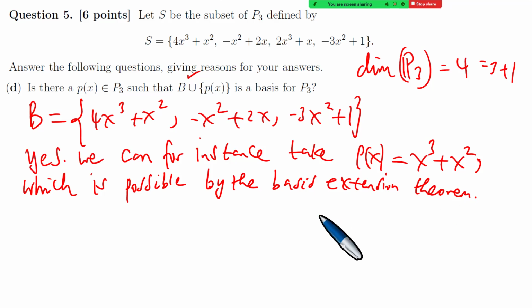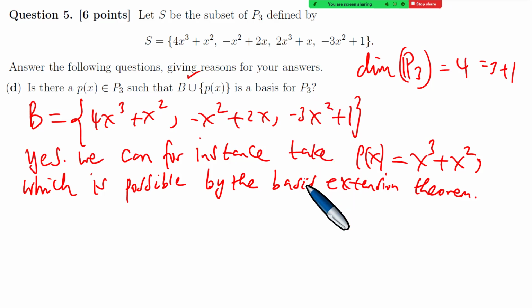A basis that has fewer elements than the actual vector space can be extended to a basis with the same number of vectors as a basis for P3.